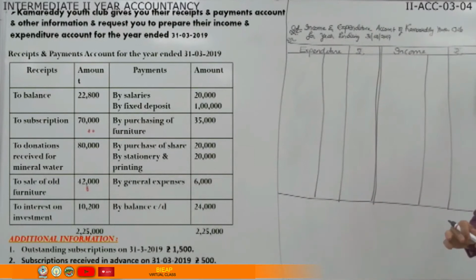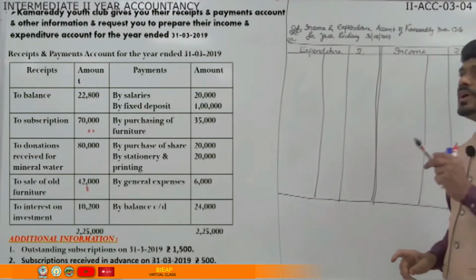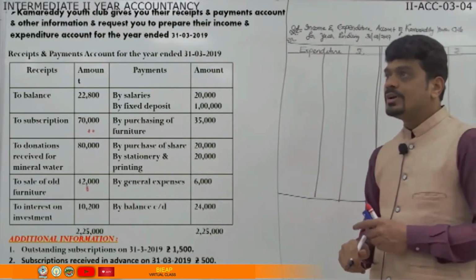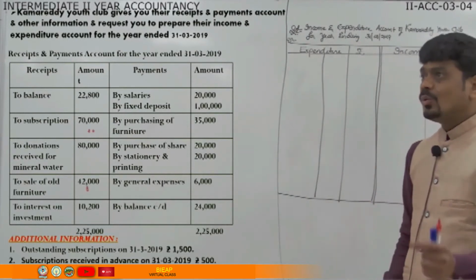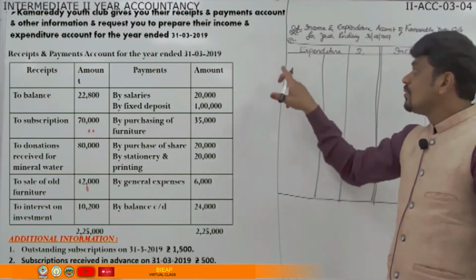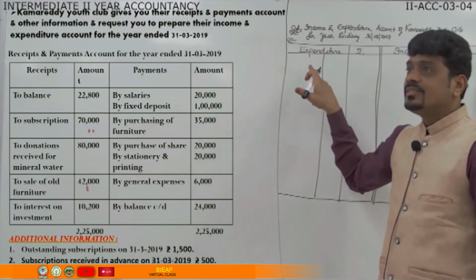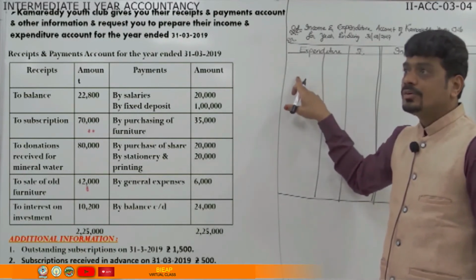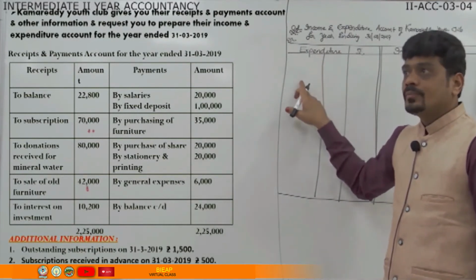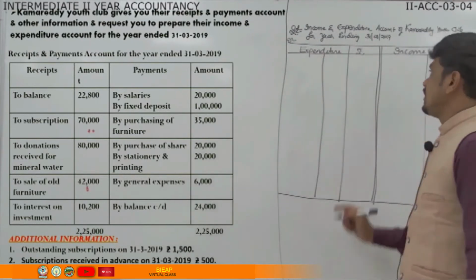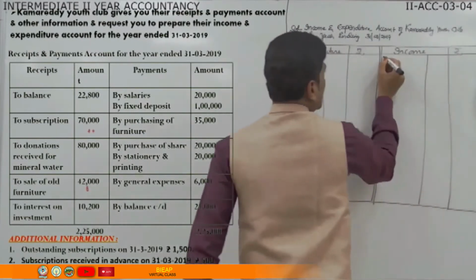Now posting starts. As I told you, we are going to start the postings from the receipt side. What is the first posting? The first posting on the receipt side is balance brought down. Balance will not come. Then second, subscription. Subscription is an income.